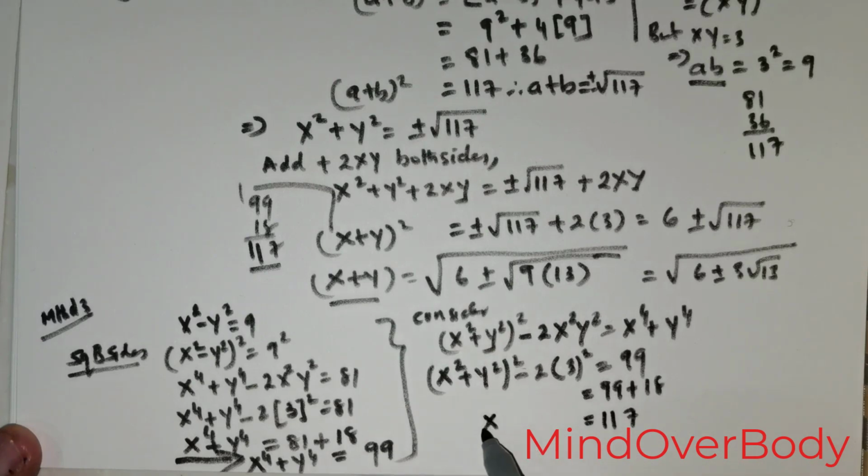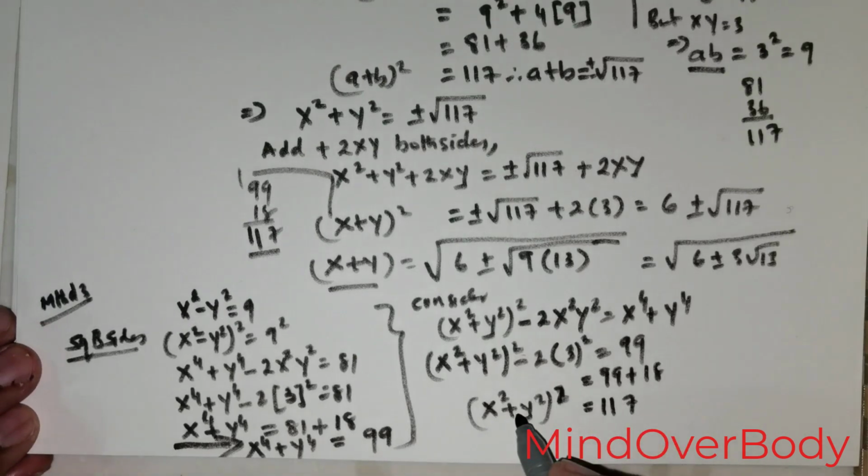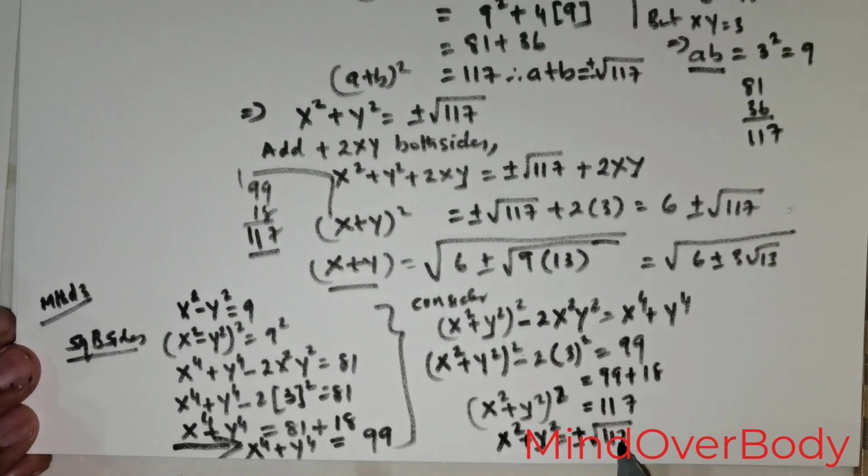On the left I've got x squared positive y squared raised to the power 2. Now from here I can extract x squared positive y squared. If I were to move this square to the other side, when I do that it will become a radical sign. So from here clearly I can write x squared positive y squared is equal to, when the 2 crosses over, it becomes plus or minus root of 117.